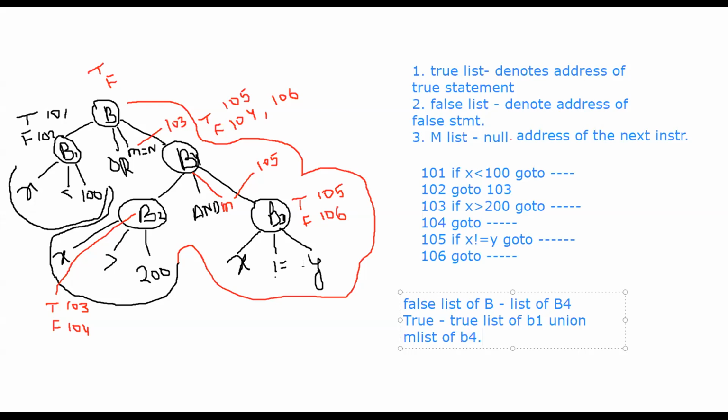So this will be the true list and false list. Now let's make the true list for B. So what will the true list contain? The true list will contain the true list of B1, that is 101, and the M list of B4, that is 105.